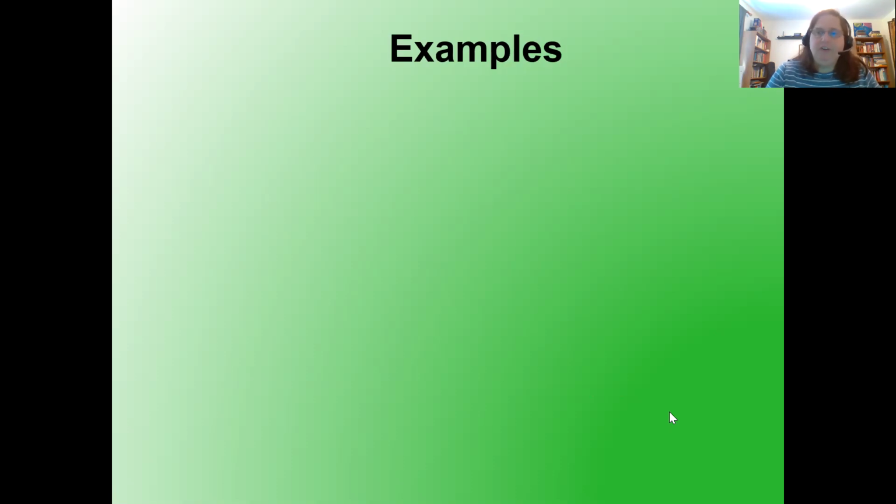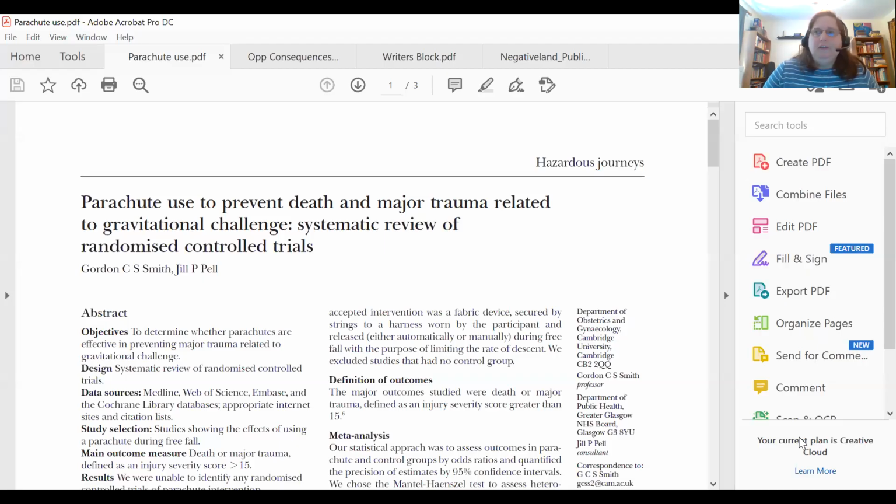Okay, so now I'm going to do this new share with you, hopefully, and show you an example of this. "Parachute use to prevent death and major trauma related to gravitational challenge: systematic review of randomized controlled trials."